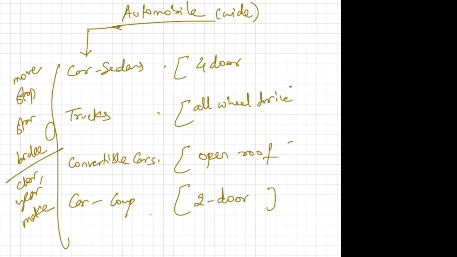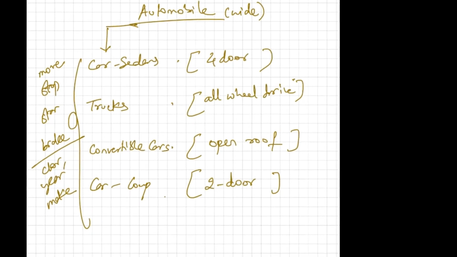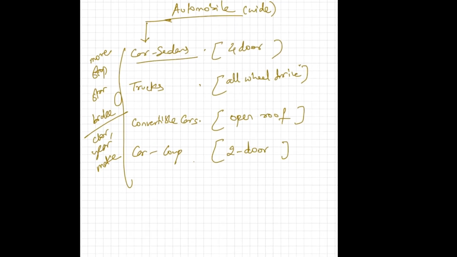So all these additional properties can help us make a new class which is specific to cars of the sedan category, or a new class specific to trucks, or to convertible cars or coupes. So this is called inheritance.